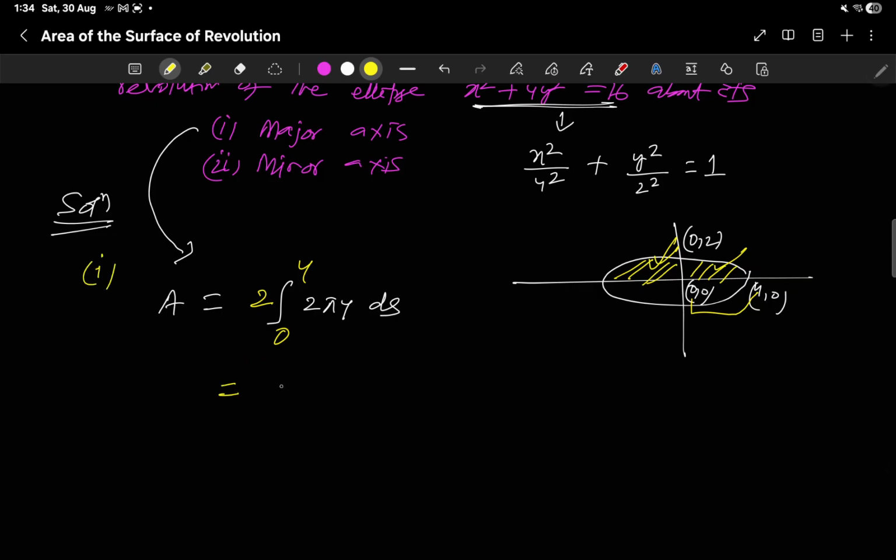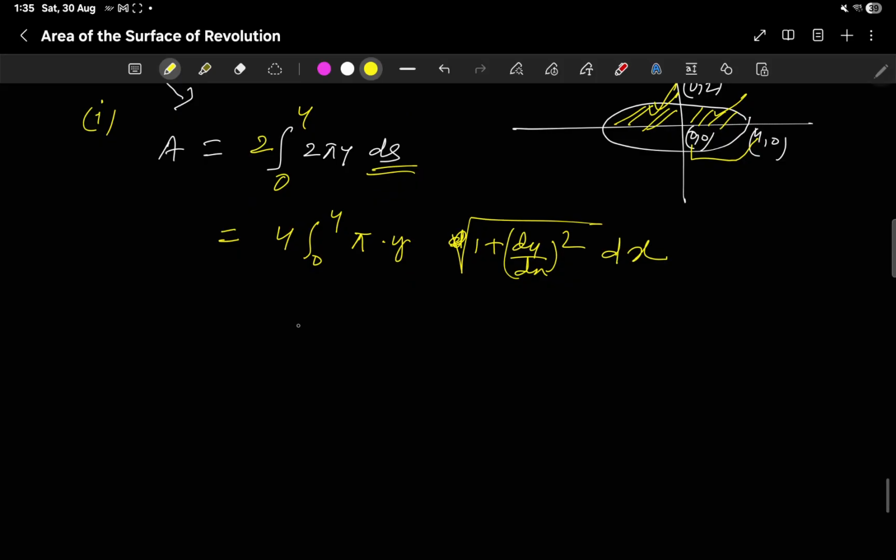So this will be 4 pi integral 0 to 4 of y ds, where you simplify y, and ds is square root of 1 plus (dy by dx) whole square dx. If you go on simplifying, it will finally give pi root 3 integral 0 to 4 of square root of 64 by 3 minus x square dx.